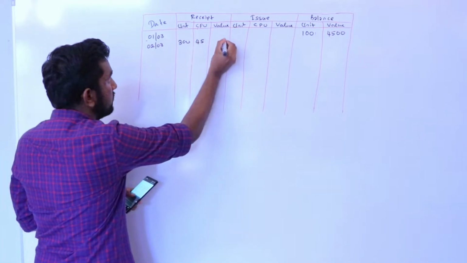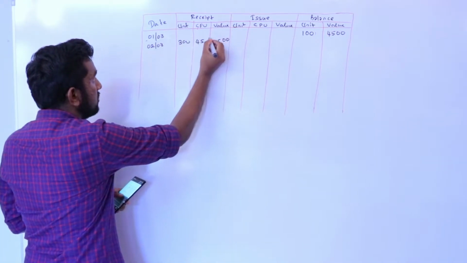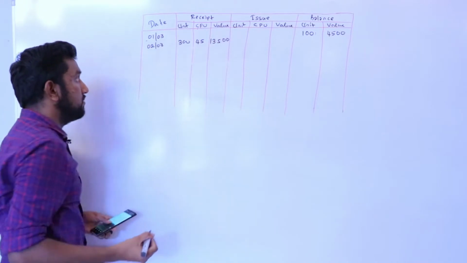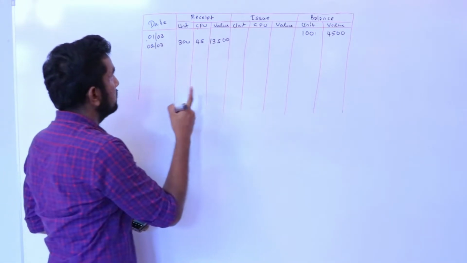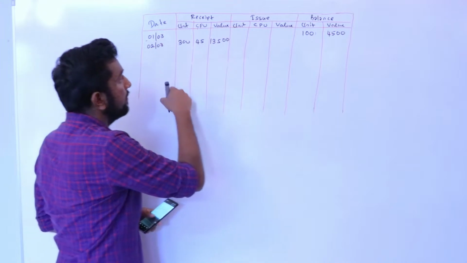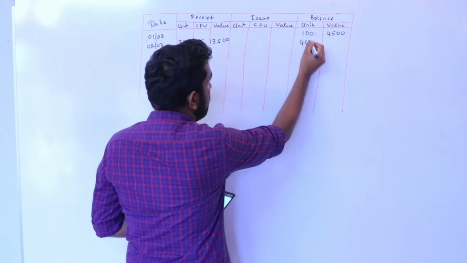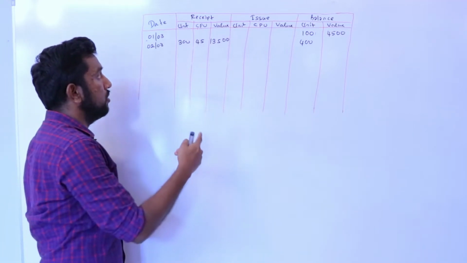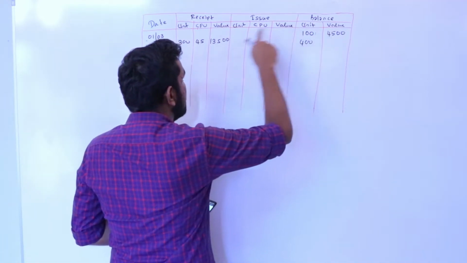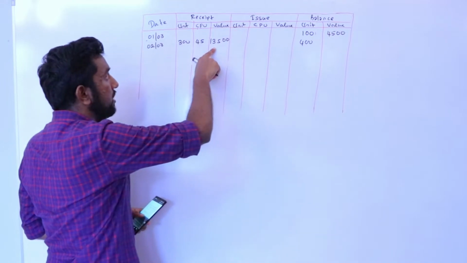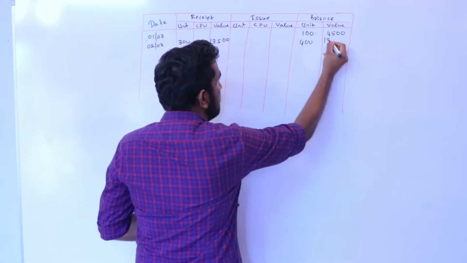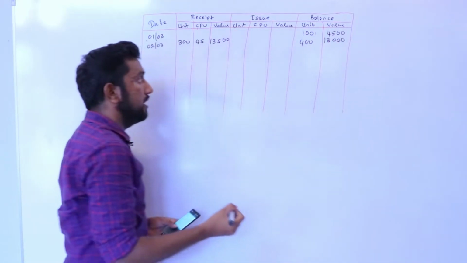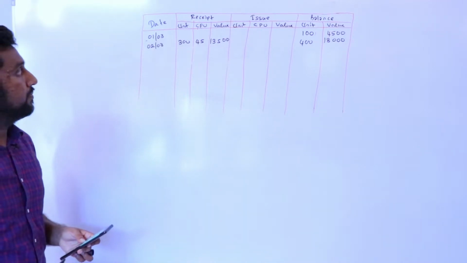So how much? 13,500, right? Yeah. So here balance is 400 because I had 100 earlier and I purchased 300. I had a value of 4,500, I have 13,500, therefore it is 18,000. 13,500 plus 4,500, right?